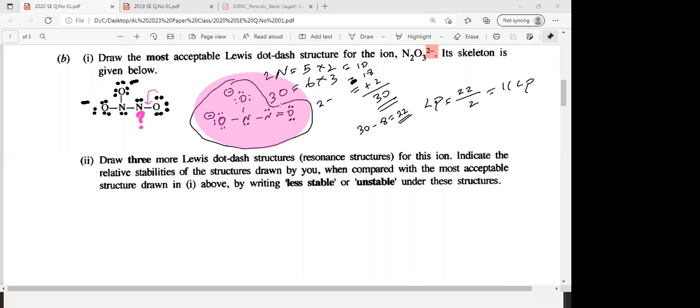Did you try to draw this before I explained, or did you understand this? This is the one. Is that clear?